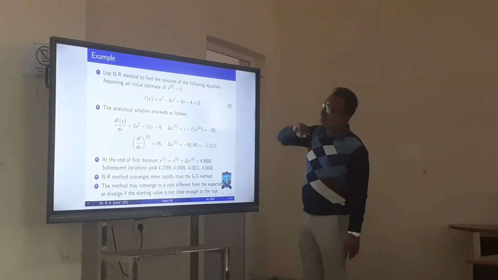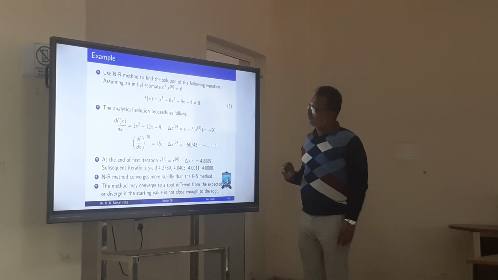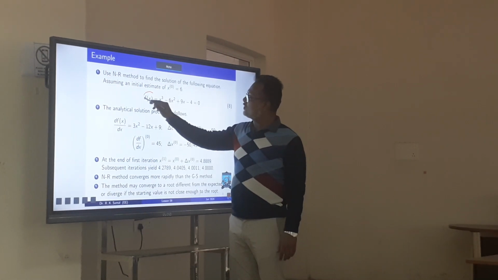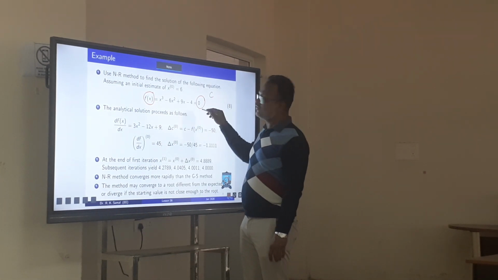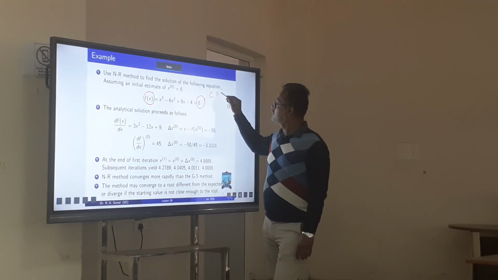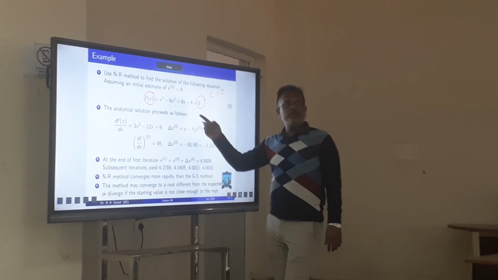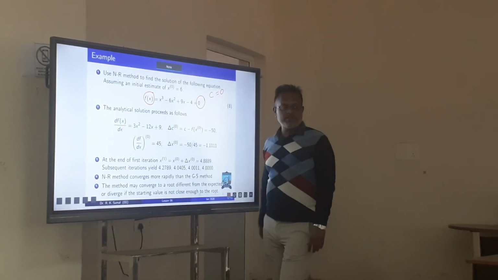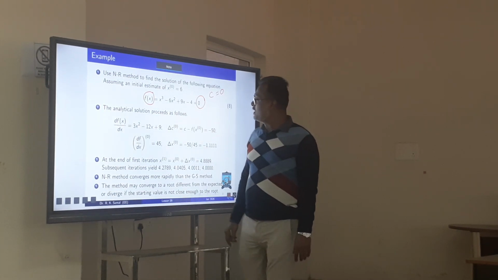Example. So now you solve it. Our equation is f(x) equal to 0, so c in this case is 0. We have to use the Newton-Raphson method to solve this. So using the Newton-Raphson method, what is our working formula?